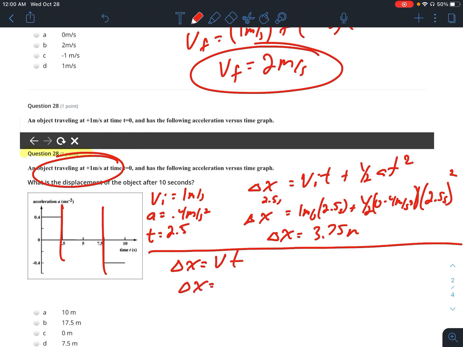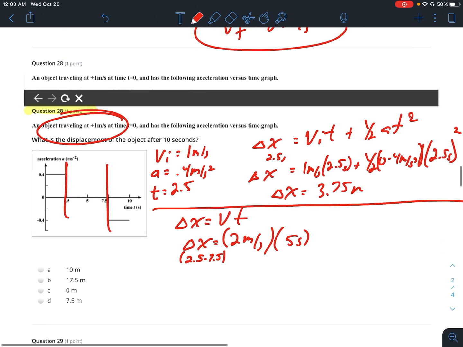So this is going to be 2.5 to 7.5, where we were moving, we figured that out in the previous question, for 5 seconds. So we traveled 10 meters. So in the end, we're going to have to do some adding of answers here.